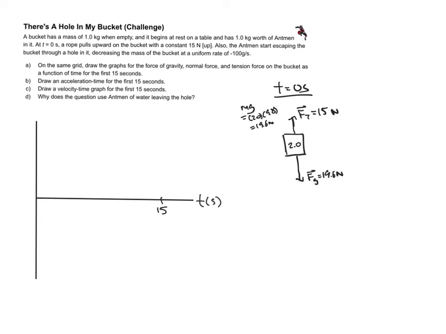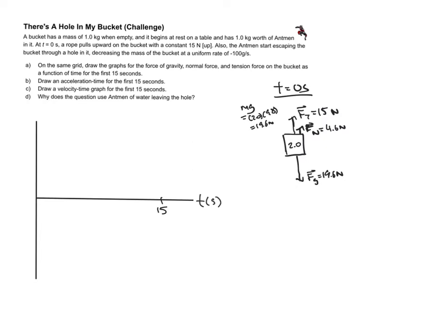It's not going to fall through the table either, so the table is going to provide a normal force that needs to get this balanced out. So this normal force, what's going to balance out that 19.6? It's going to be 4.6 newtons. So 15 plus 4.6 is 19.6.